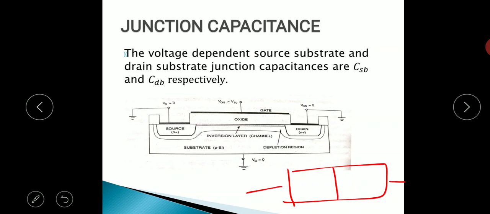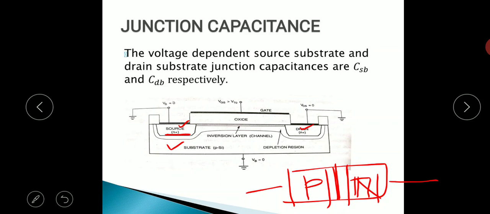Here the N plus region and the P type substrate are joined, and near the junction a depletion region is formed.